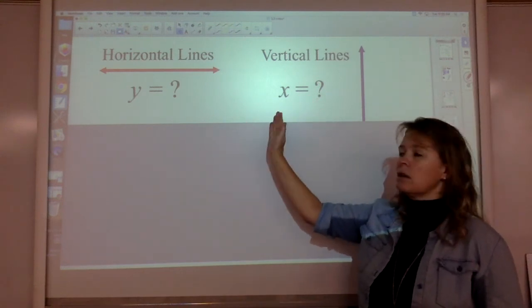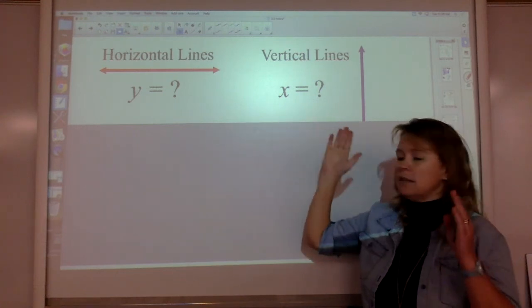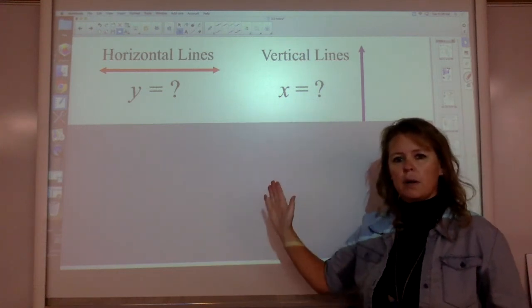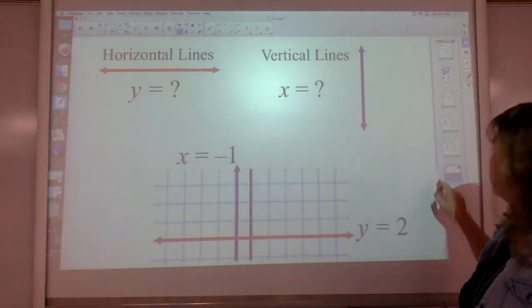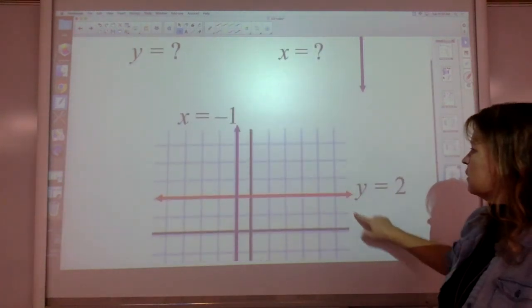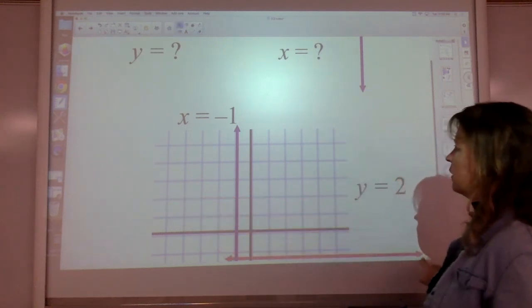So these are much easier to graph. There's not any plugging in to do. You don't have to do a table because it's either straight across or straight up and down. If you look at them on a graph, here's an example of x equals -1.